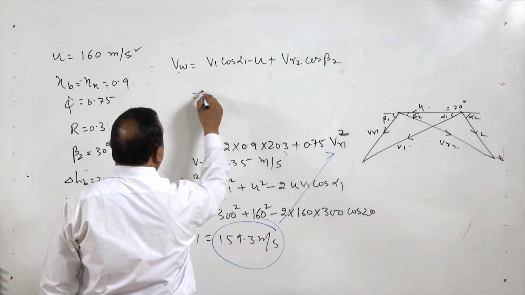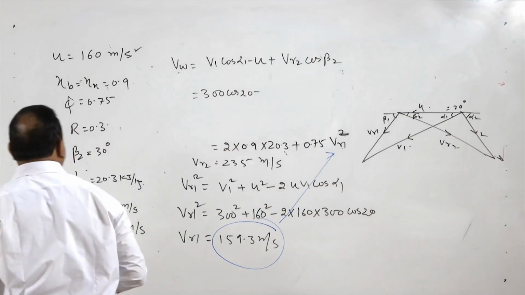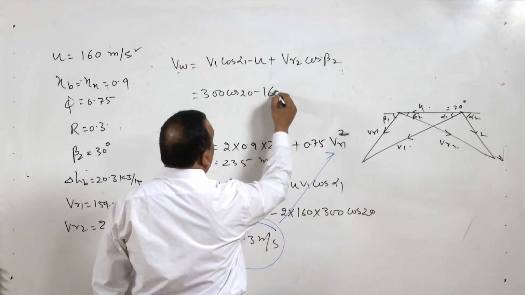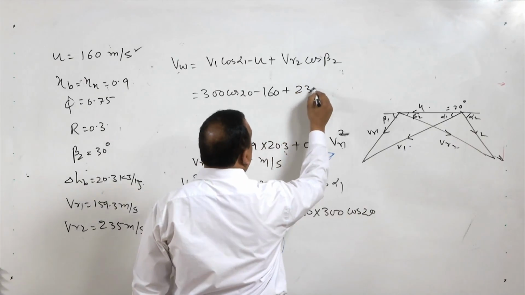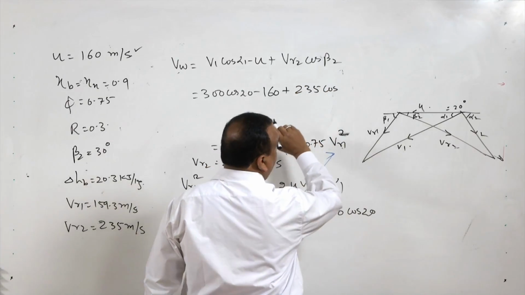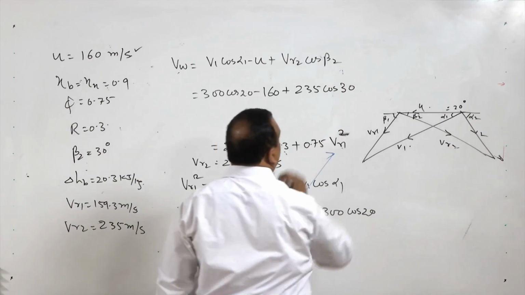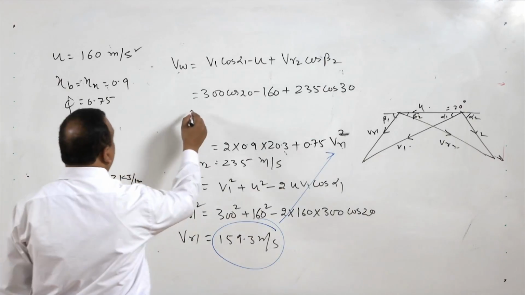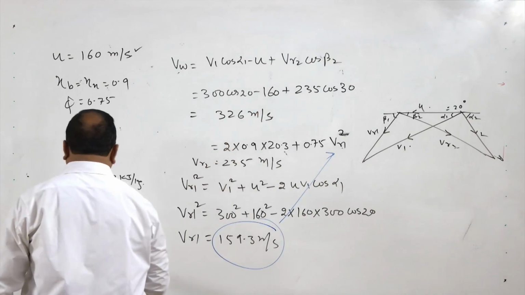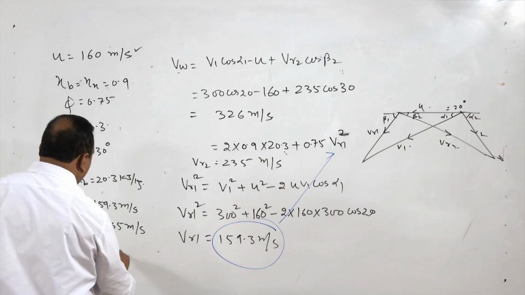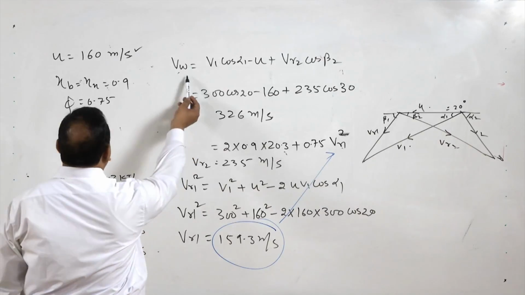Now, V1 is 300 cos 20 minus u is 160 meters per second, plus VR2 is 235 cos beta 2, where the blade outlet angle is 30 degree, right. Now, this will give the whirl velocity VW as 326 meters per second.